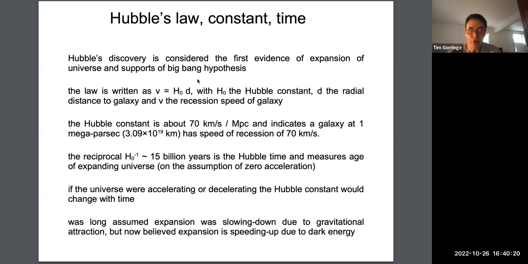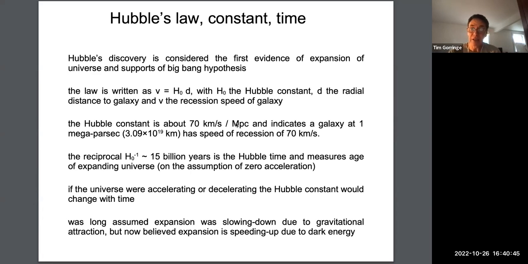So the Hubble constant, if you extract it from the straight line fit, is 70 kilometers per second. That's units of recession velocity divided by megaparsec. So that's units of distance to the galaxies. The closest distance to a galaxy is sort of about 1 parsec, I think. So just to give you a scale.